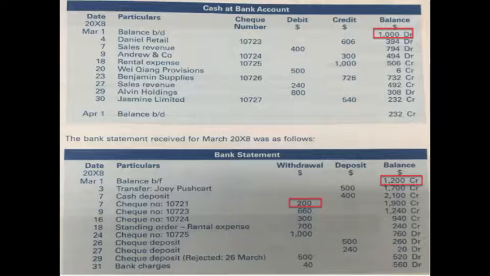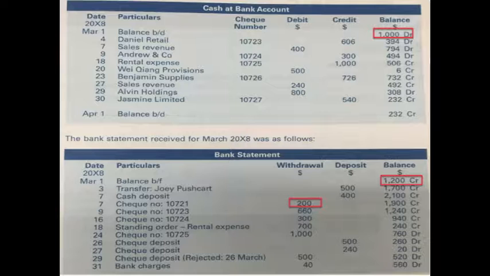So if there's a $200 difference, it actually shows that probably, previous month's withdrawal of $200 is captured in this month's bank statement. Okay, so our cash book has already updated that in the previous month.